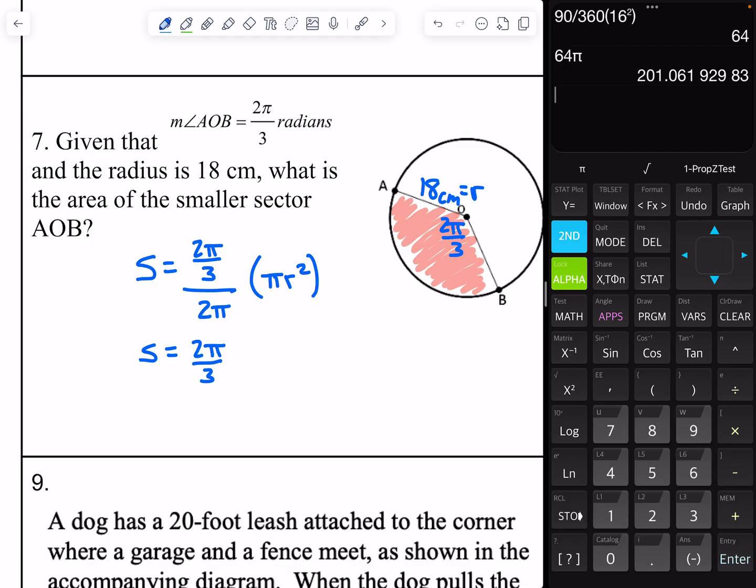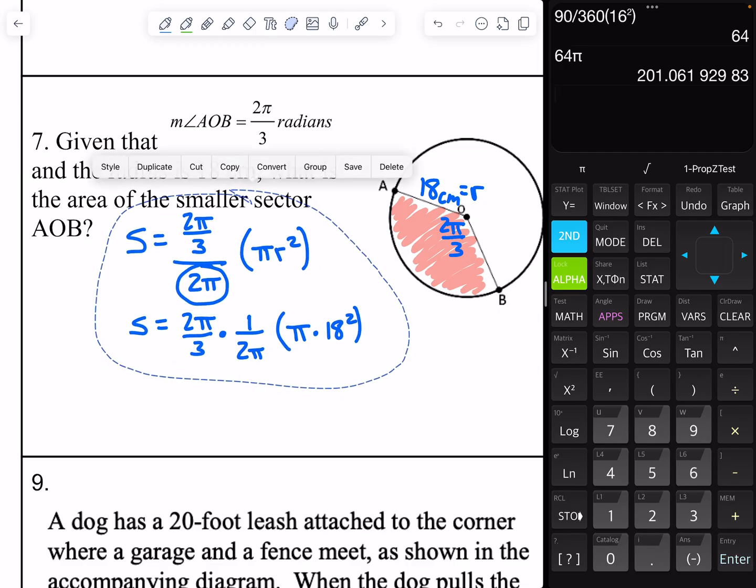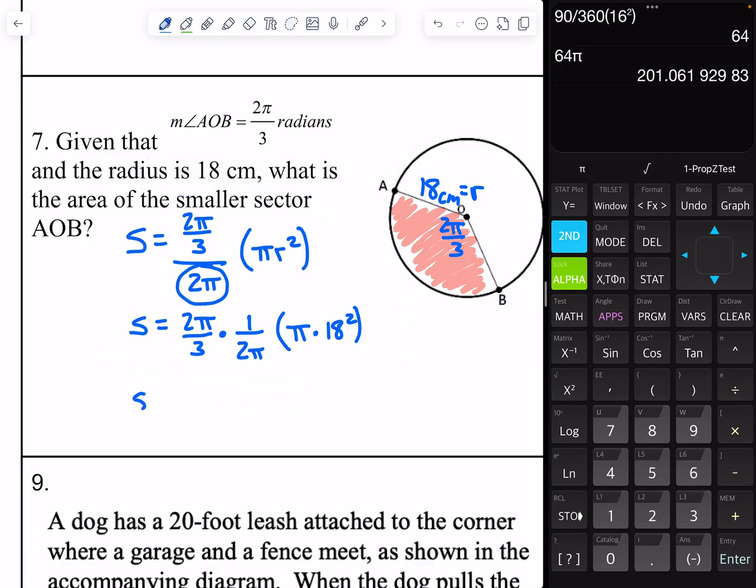So instead of dividing by 2 pi, we can multiply by the reciprocal to help fix the complex fraction. So I'm going to multiply by 1 over 2 pi to fix that. And then I'm going to fill in pi times the radius squared, which is 18 squared, since my radius was 18. Now let me just scooch this up a little so I have a little more room, and then we just have to clean all that up.